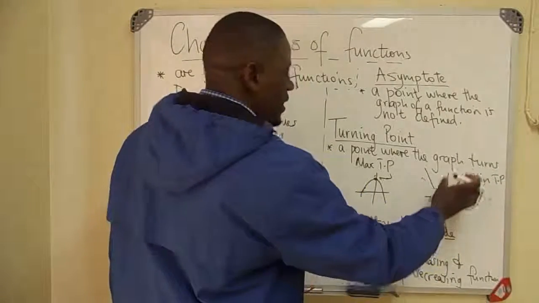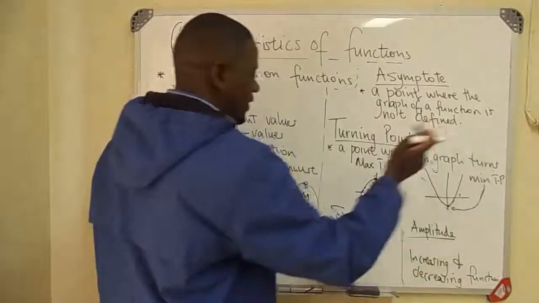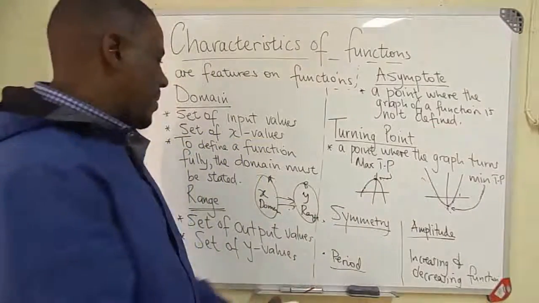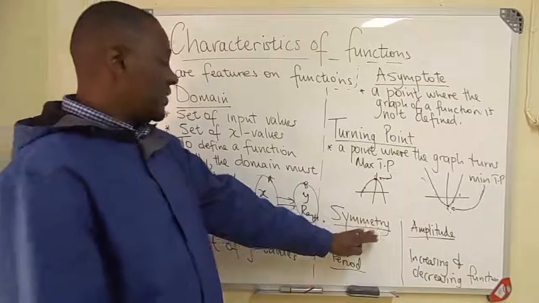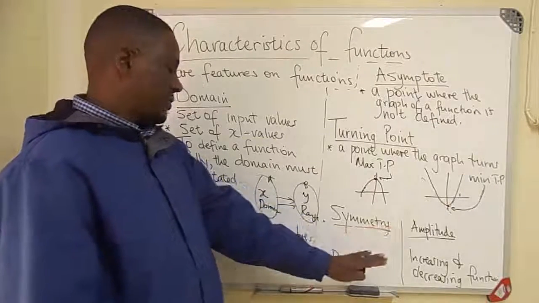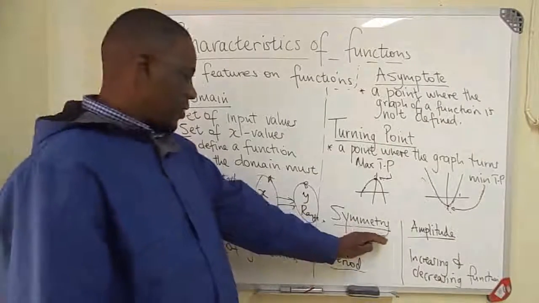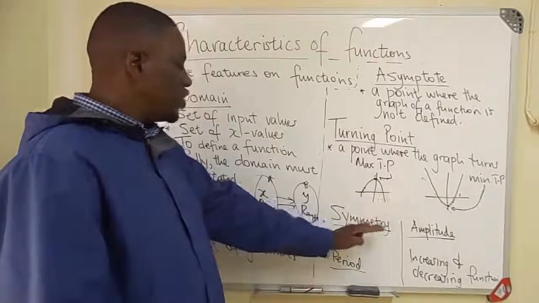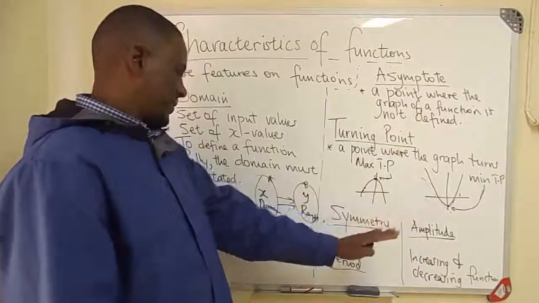This one is a sketch of a parabola. The value of a here is positive, the value of a here is negative. Then we talk about symmetry. Symmetry is another feature. It appears on some functions and not on all. It's a line or a point where you can divide the graph of a function equally.